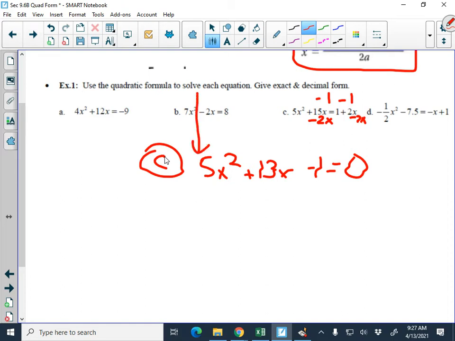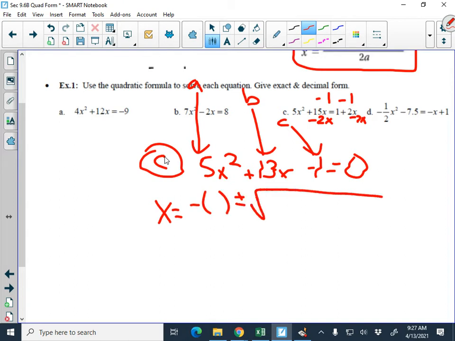A is 5, B is positive 13, C is negative 1. X equals negative B plus or minus the square root of B squared minus 4 times A times C all over 2A.